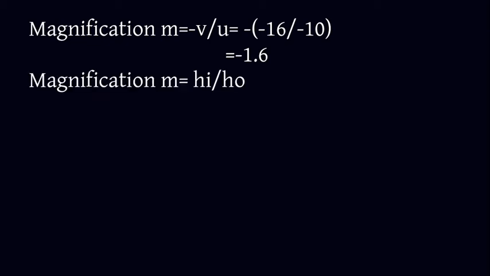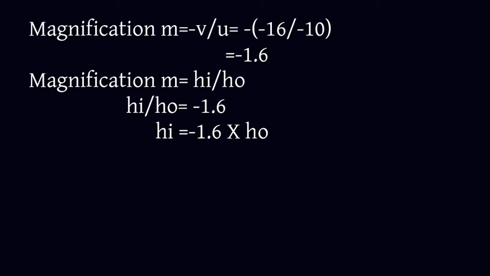Now using magnification we can find out hi. That is m is equal to hi by ho, and hi by ho is equal to minus 1.6.